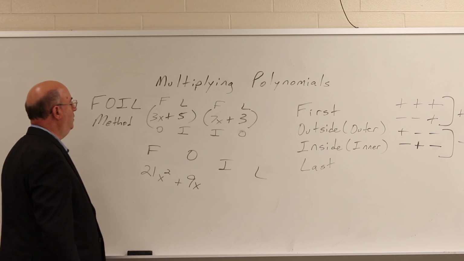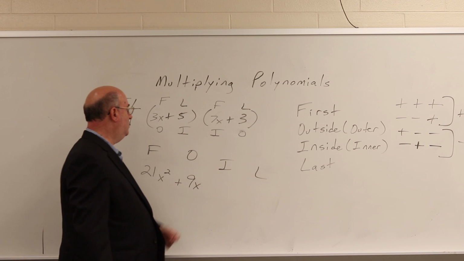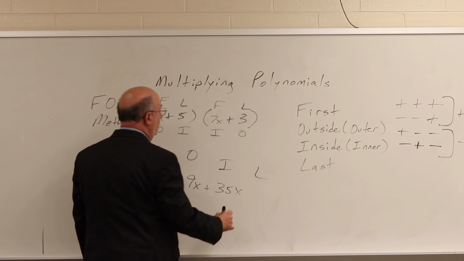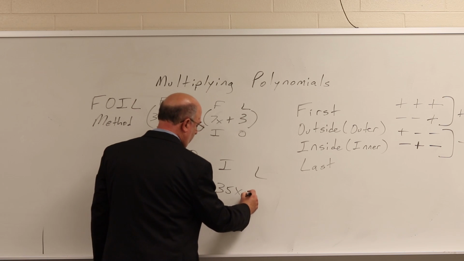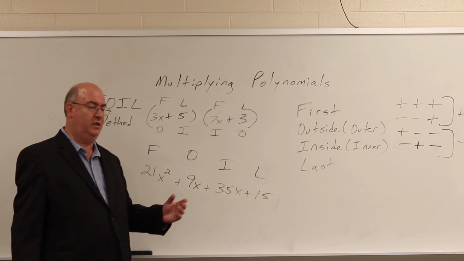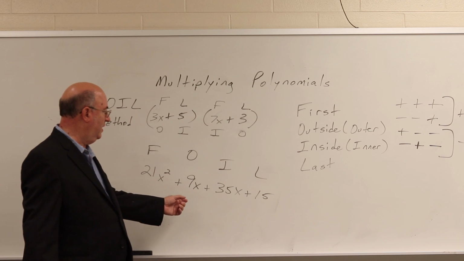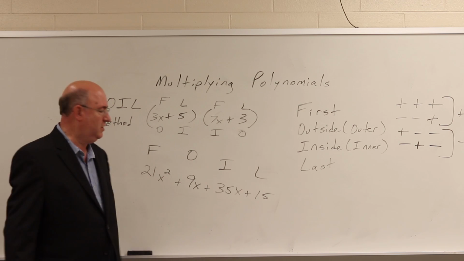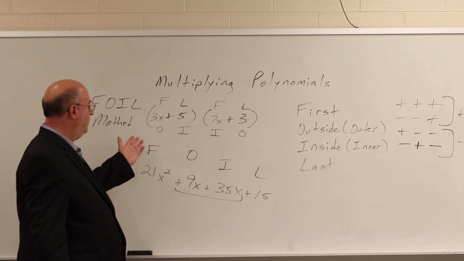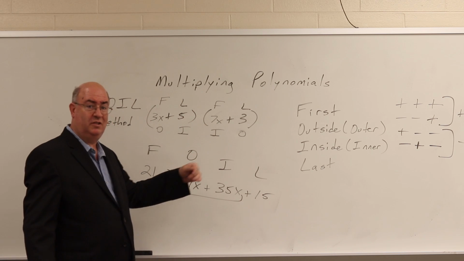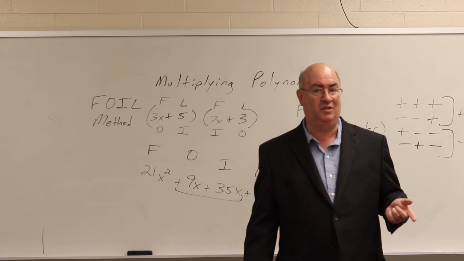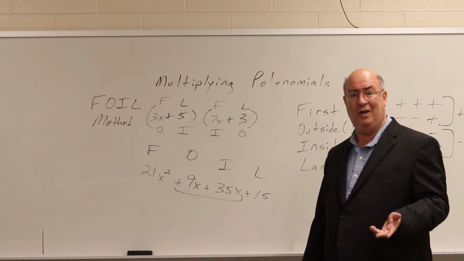Okay, back to FOIL. Inside, the one's closest, 5 times 7x will be 35x. And 5 times 3 again, still 15. Inner and outer, the inside terms and the outside terms are still like terms, we can put them together. As long as these are both x, and the second terms are both numbers, the inner and outer terms we can combine.